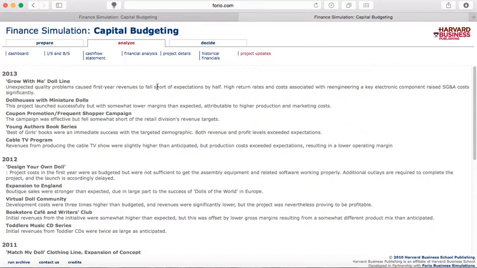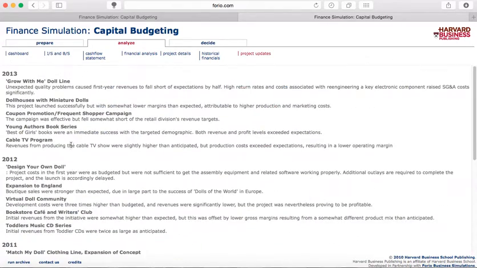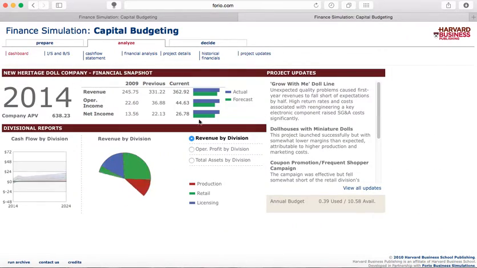So looking at these, we can kind of see exactly how our projects have done over the past 5 years, but we do have a very positive number that we're looking at here, considering the net income and operating income have doubled.